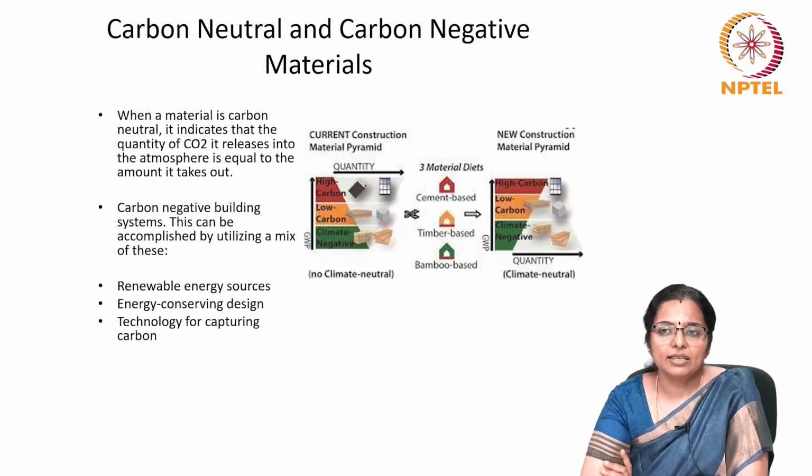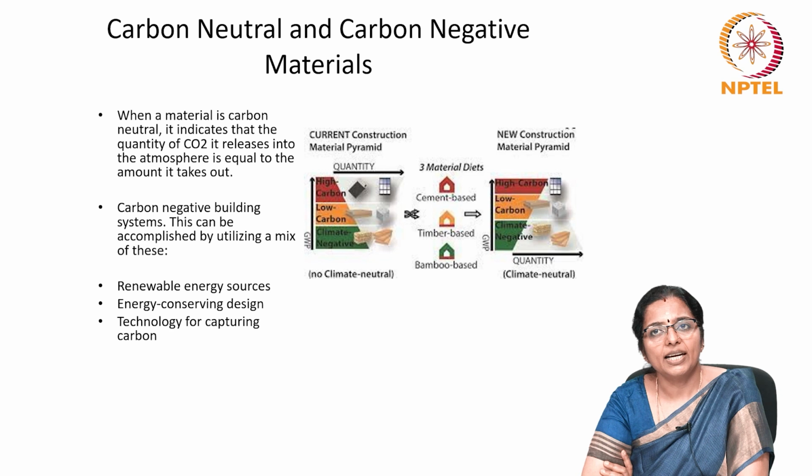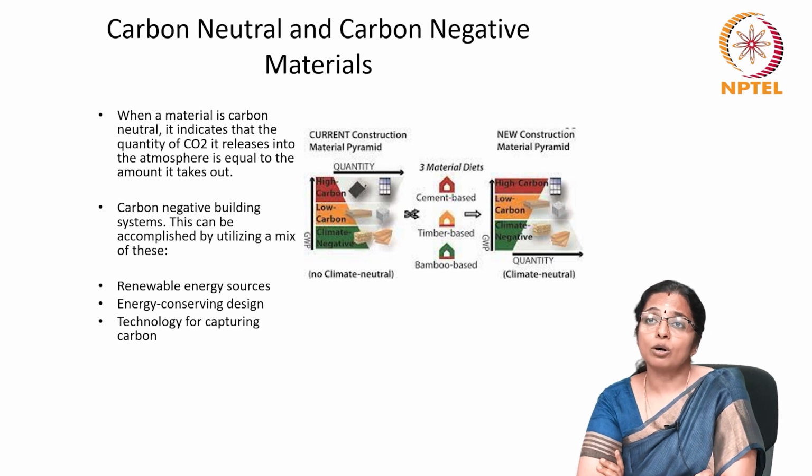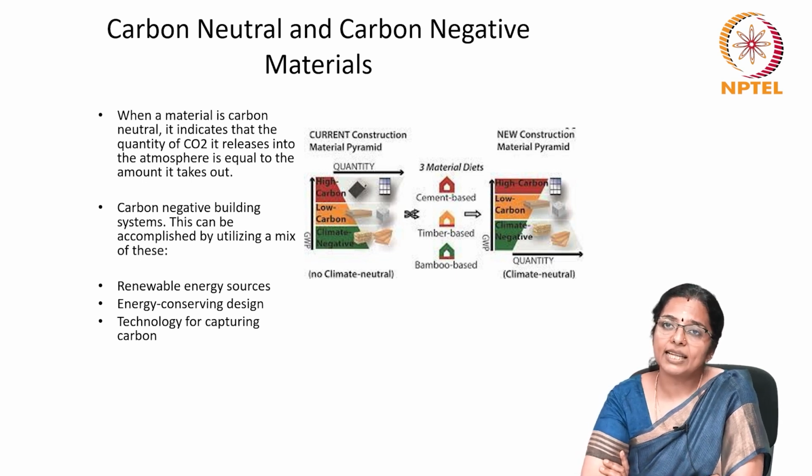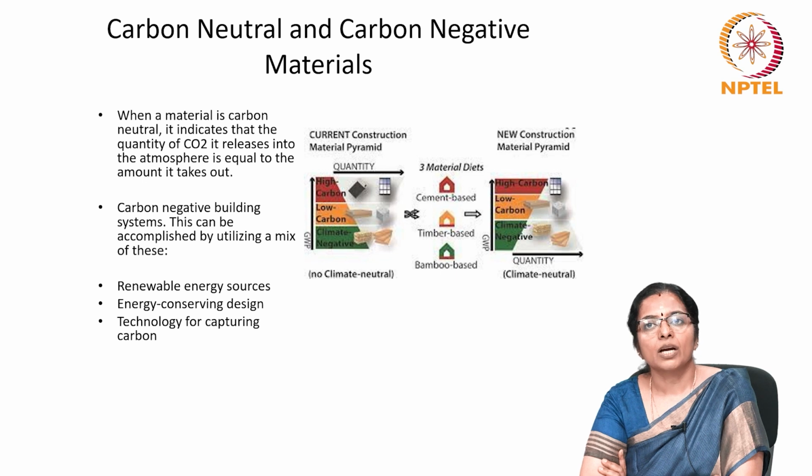When a material is carbon neutral, it indicates that the quantity of carbon dioxide it releases into the atmosphere is equal to the amount it takes out. A product is considered carbon negative if it absorbs more carbon dioxide than it emits.